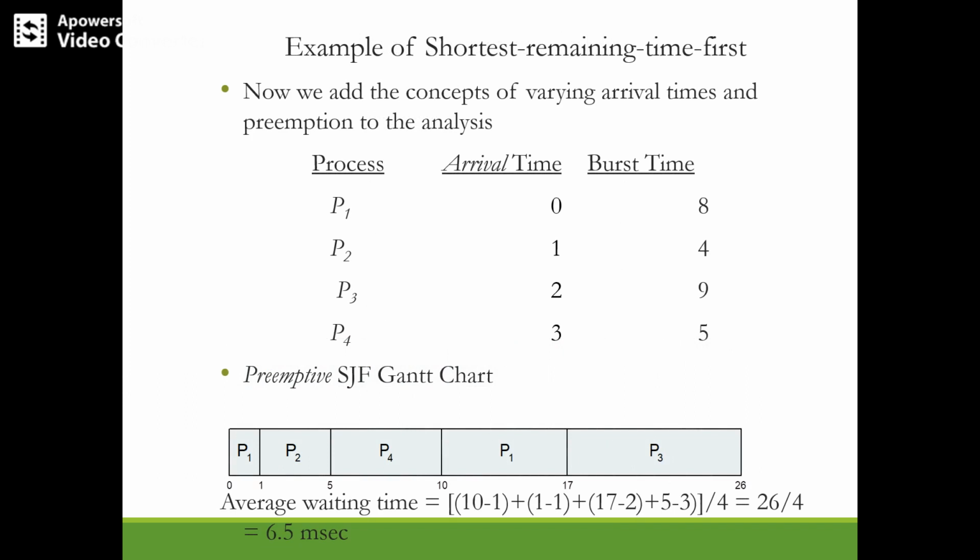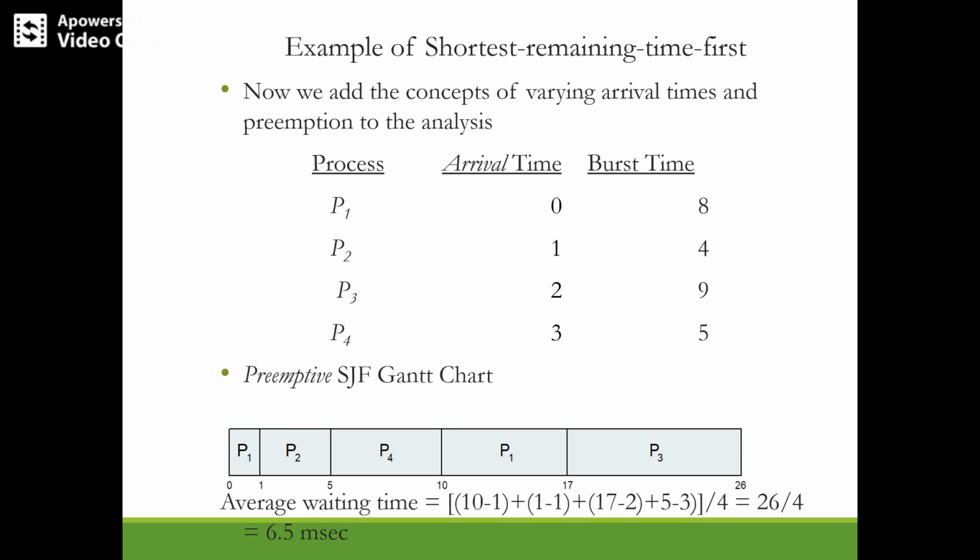So just observe that this is the preemptive version of SJF. In preemptive SJF, it is going to preempt the currently executing process, and it is also called the shortest remaining time first algorithm. In this case, you can observe that there are 4 processes and their arrival times and burst times are mentioned.